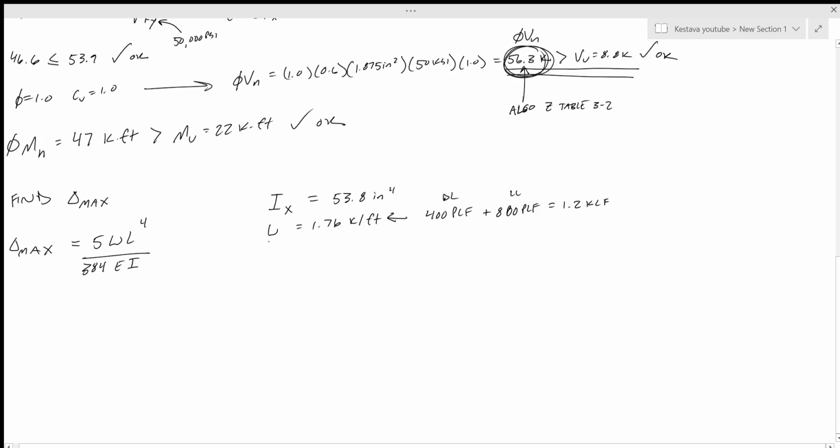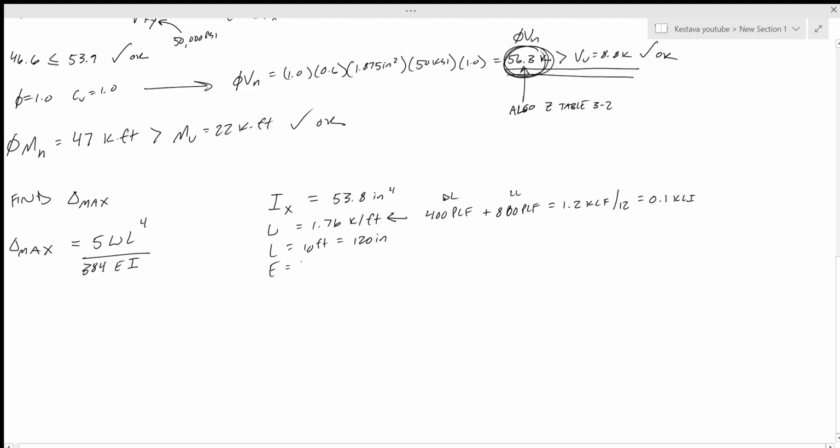We have an L of 10 feet, which we want to break down into inches, which equals 120 inches. And actually KLF we want to break down into kips per inch, which equals 0.1 KLI. For deflection, you always want to make sure all of your units match one another.